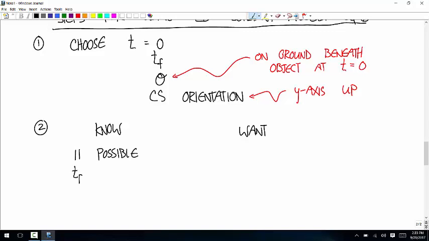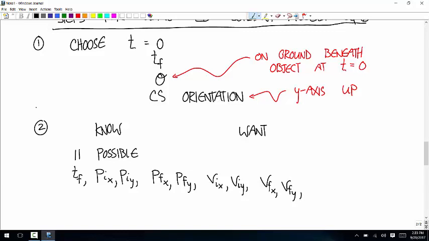Those are time final, position initial x and y, position final x and y, velocity initial x and y, velocity final x and y, and acceleration x and y.